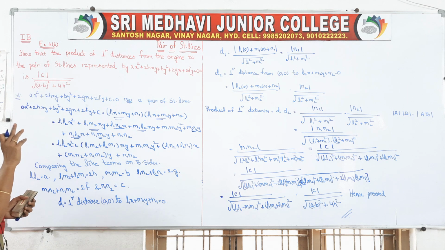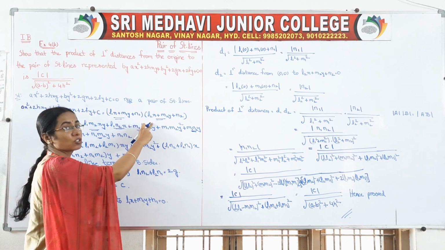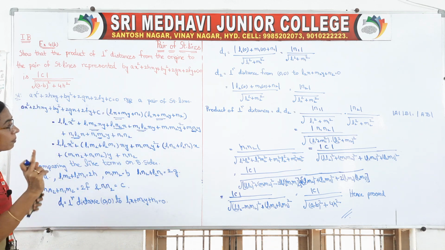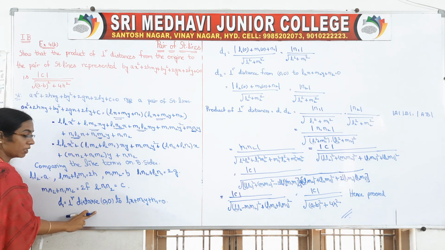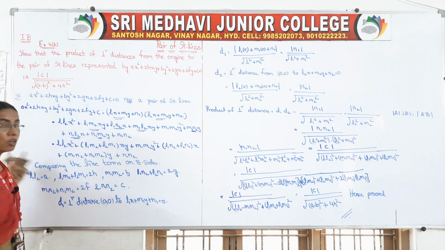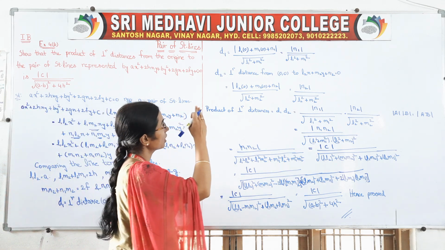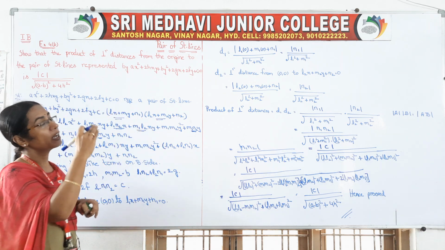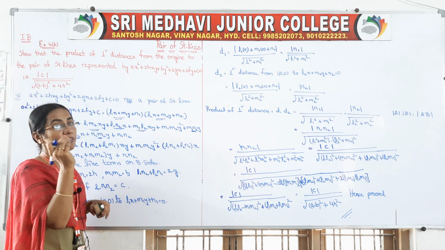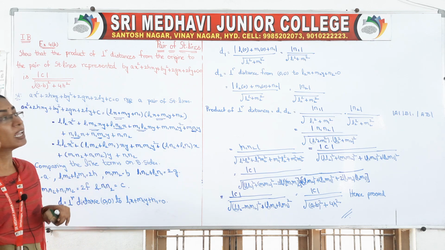Actually, the question is the product of the perpendicular distances from the origin to these two lines, right? So first find out the perpendicular distance from origin to first line. So d1 is the perpendicular distance from origin to first line, right? So what is the formula for perpendicular distance? a x naught plus b y naught plus c by root of a square plus b square, when x naught, y naught is the point and ax plus by plus c is the line.